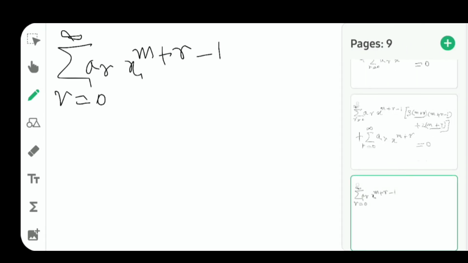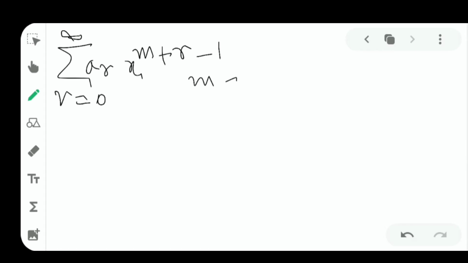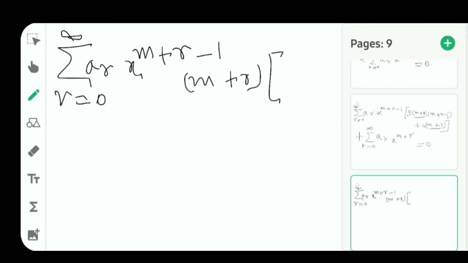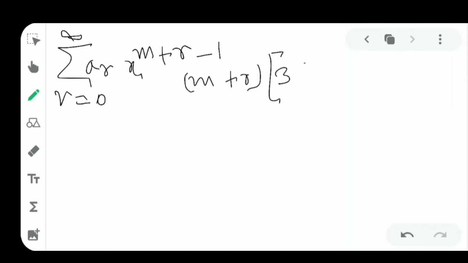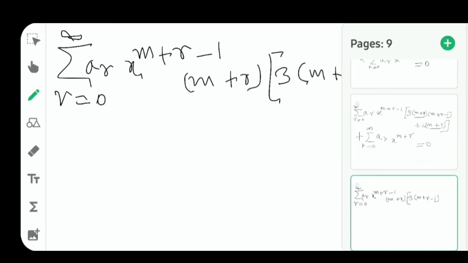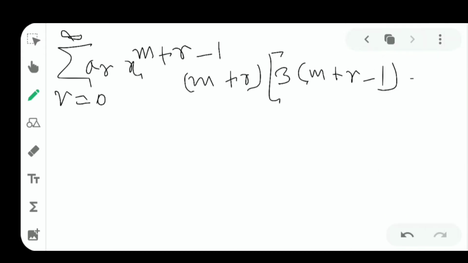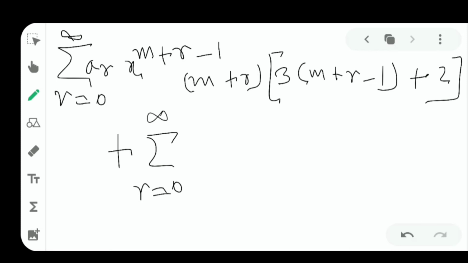And if you take m plus r common also, then we are left with 3(m plus r minus 1) plus 2, plus summation r equals 0 to infinity of a_r x to the power m plus r is equal to 0.